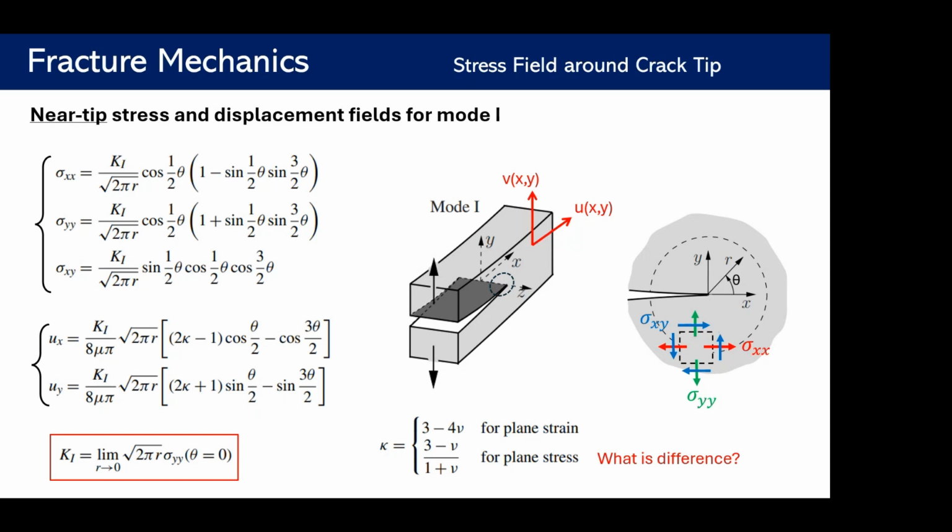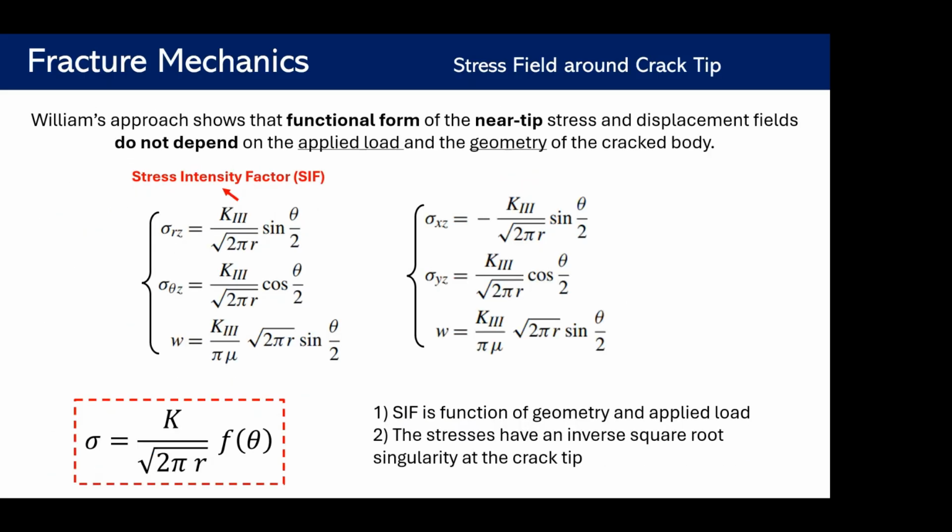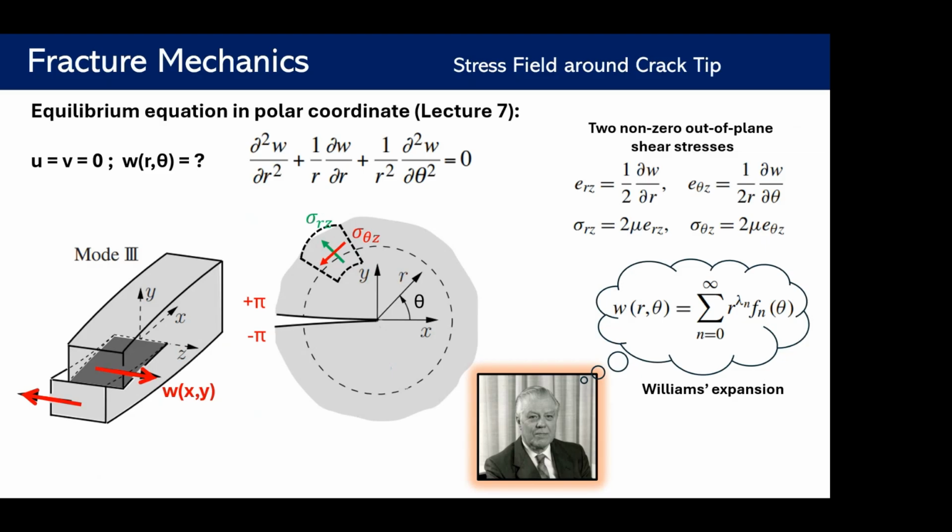If you pick r equals 0, you're at the tip. If you go a little bit away from the tip, you increase r a little bit. At theta equals 0, you're just in front of the tip. The closer you are to the tip, the higher the stress. As you go away, the stress reduces. That's important because it tells you how the damage is being distributed ahead of the tip, because that stress is damaging your material.